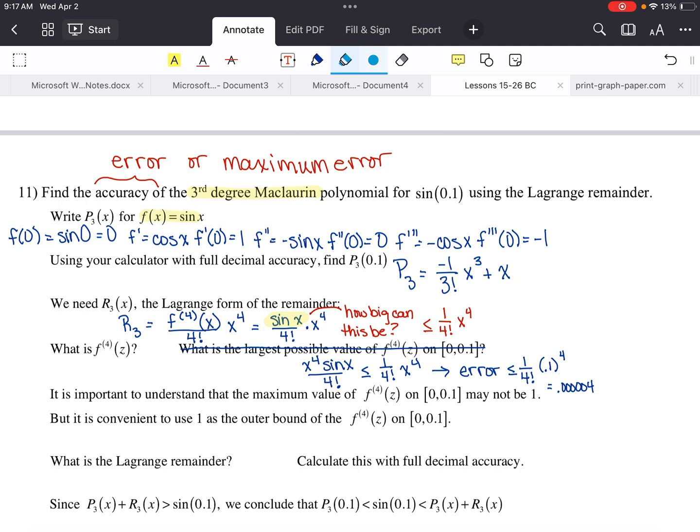So what are we really looking for? When we're looking for the error or how accurate something is, we're trying to figure out, okay, this is what I think this value is, but how far off could I be? And when I'm asking how far off could I be, I want to know the maximum.